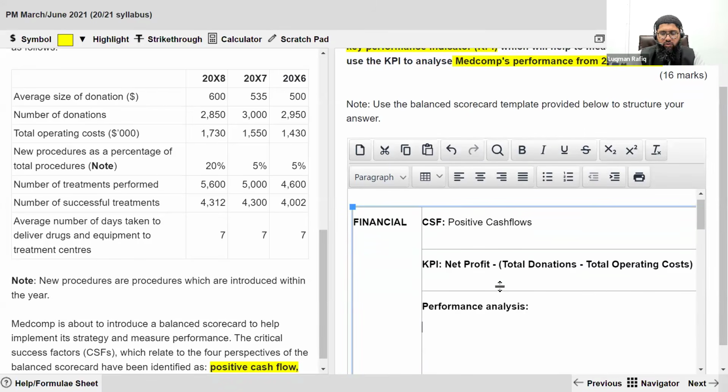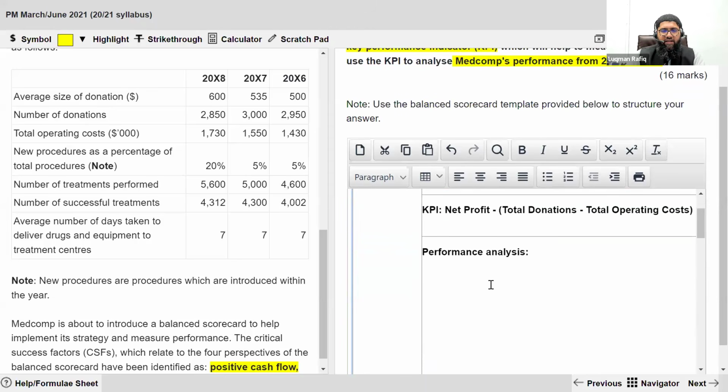Now, what would you do? You would do the performance analysis here. You would say donations for 2000x6, 2000x7, 2000x8.